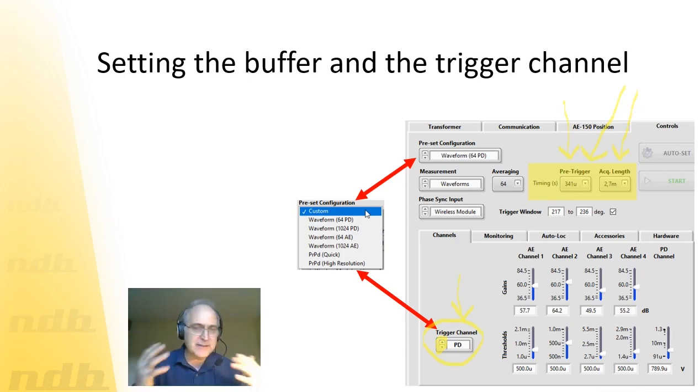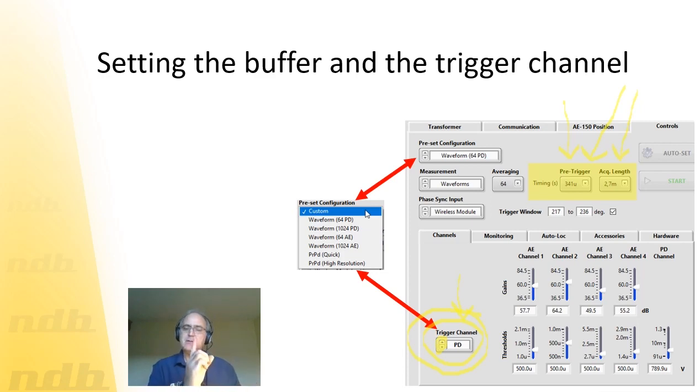This is quite easy. But let's make it reverse. If your trigger channel over here, I've highlighted it, is the acoustic, you want your buffer to be, let's say, the same size, 2.7 millisecond, but the trigger will be placed in the middle.